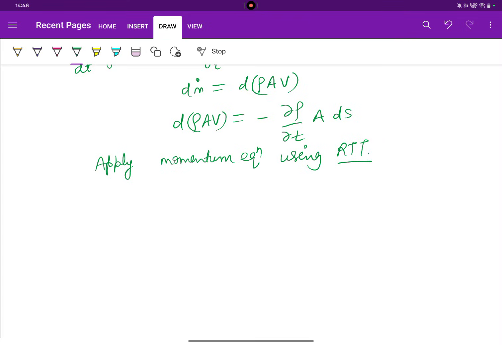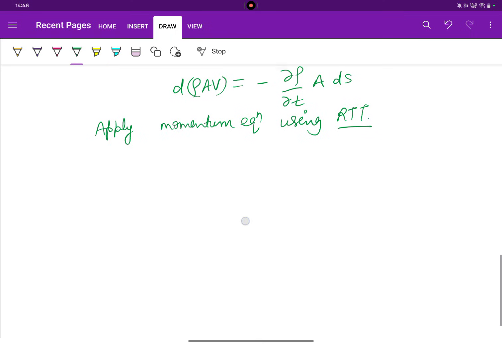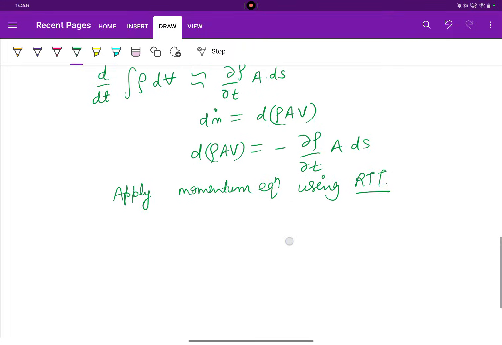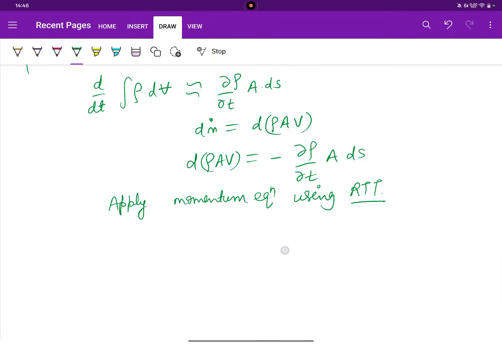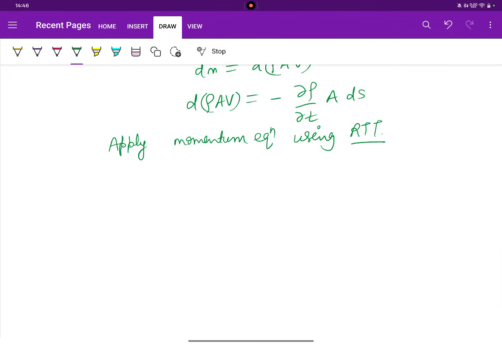We will be using RTT multiple times, and you will actually get used to how we can apply it in any scenario. So RTT is there. What now? Oh, momentum equation. So in momentum equation, B is equal to m into b, and beta is going to be b.